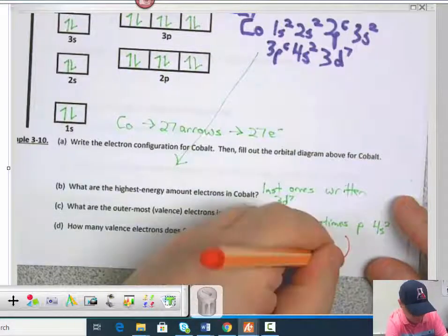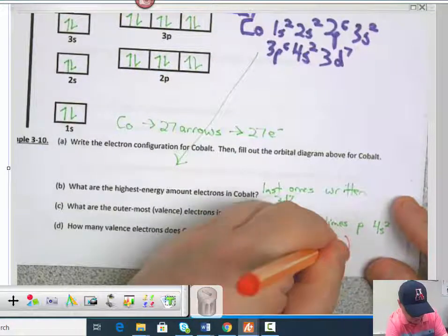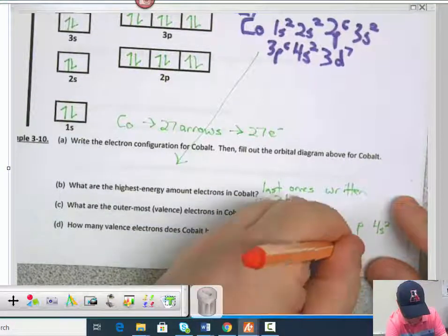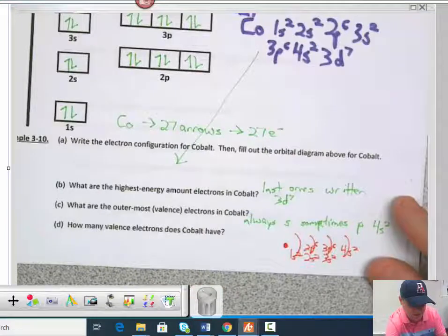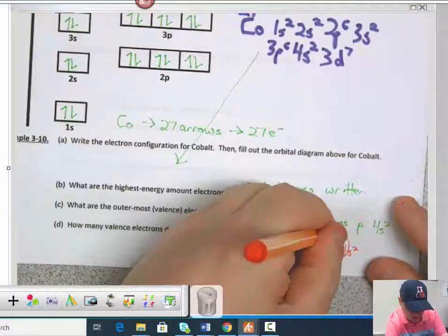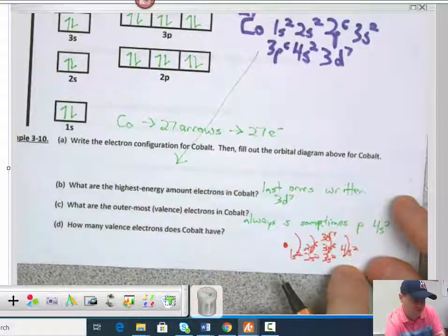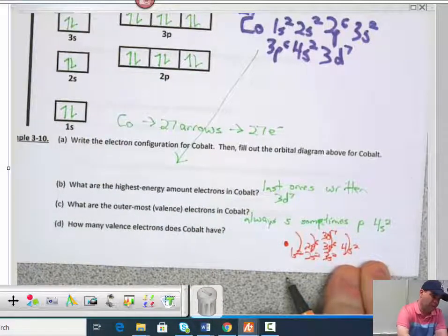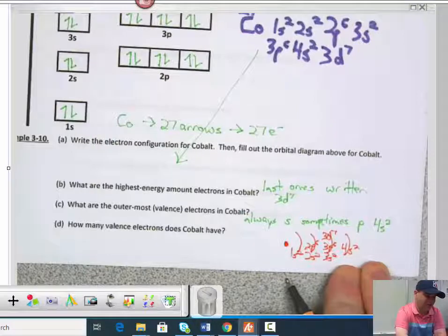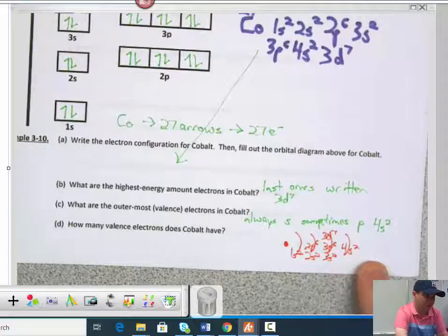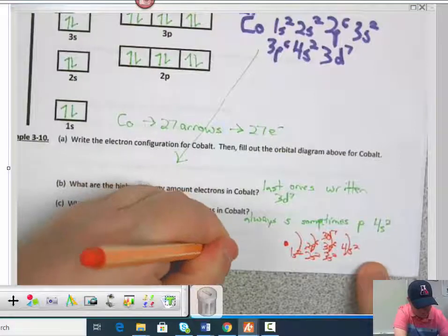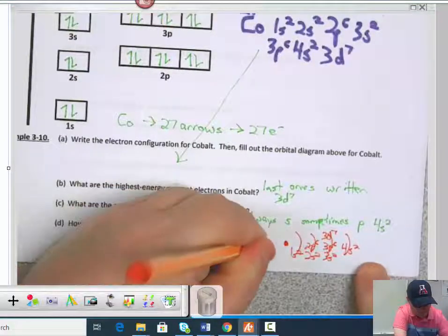Energy level 3, 3s2, 3p6. Energy level 4, 4s2. And then 3d7 is actually on energy level 3. So you can see the outermost electrons right here is the 4s2. It always has the highest principal quantum number. And then how many valence electrons are there? There are 2 valence electrons.